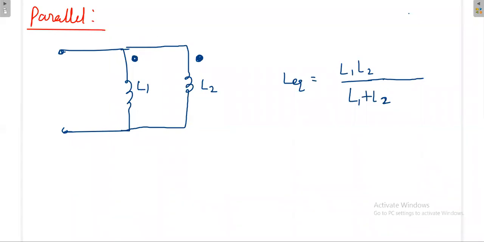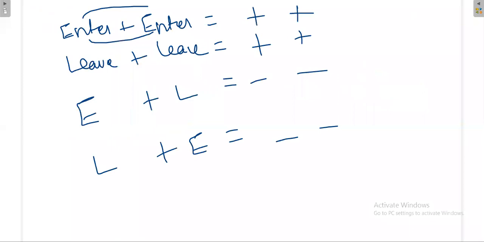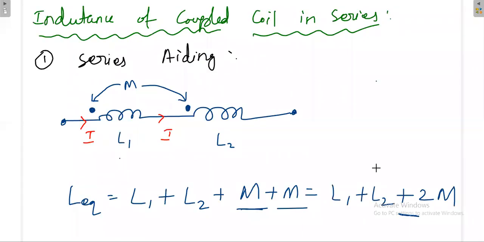When both are entering, the mutual inductance is aiding because of the term L1 plus L2 plus 2m. So the equivalent inductance value increases. If mutual inductance is not there, it is simply L1 plus L2, but because of the mutual inductance aiding, this L equivalent increases by the factor of 2m.